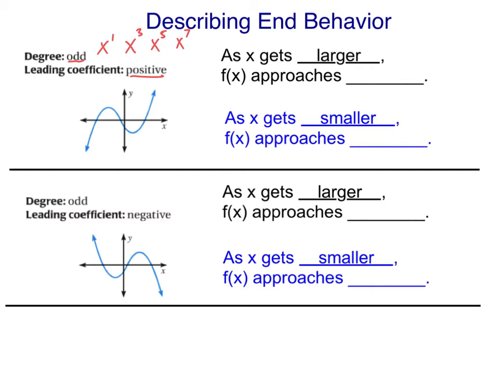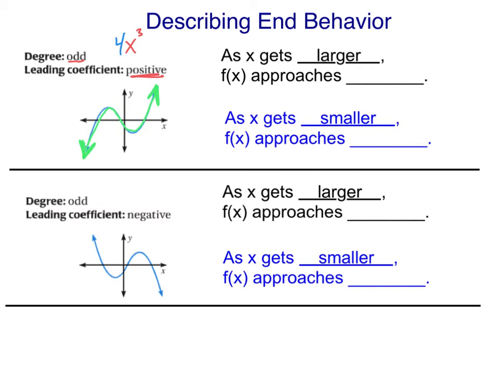Those are odd degrees. And positive meaning the leading coefficient. So an example here would be a positive number 4x to the 3rd. Notice what the graph looks like. Cubic function like that.